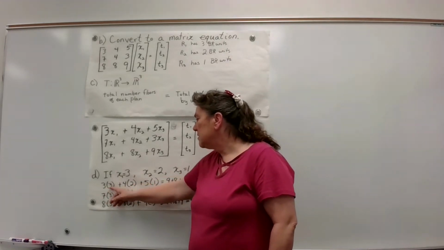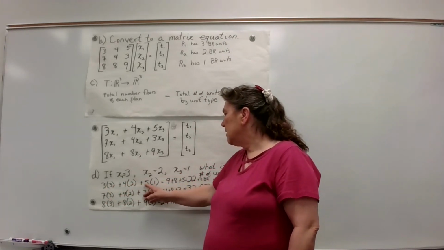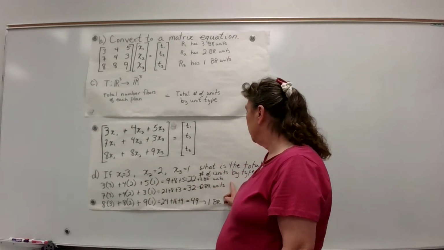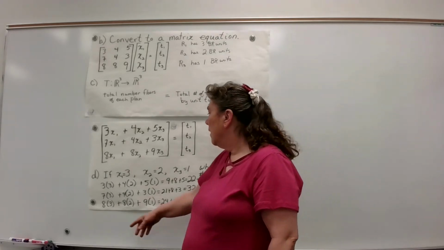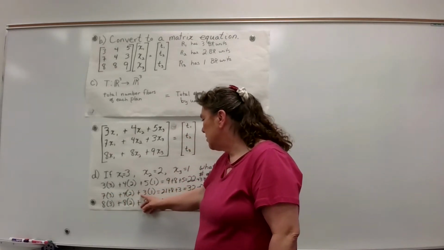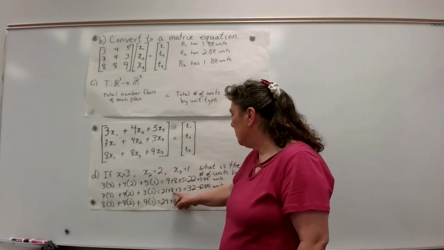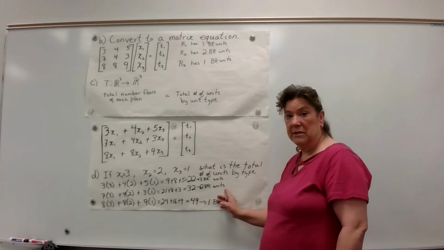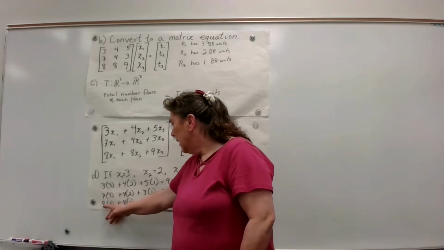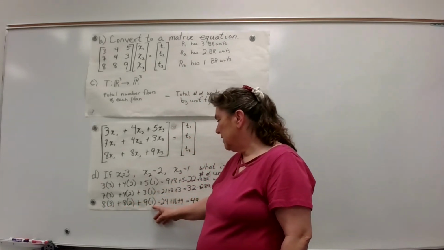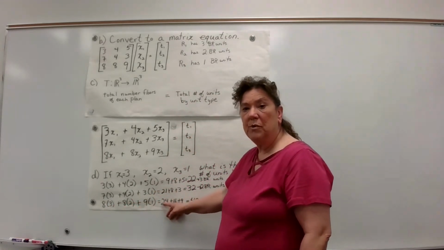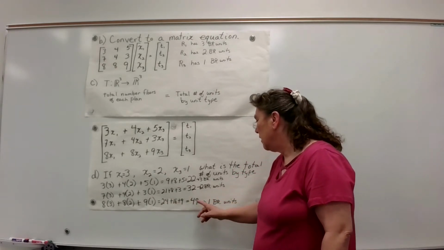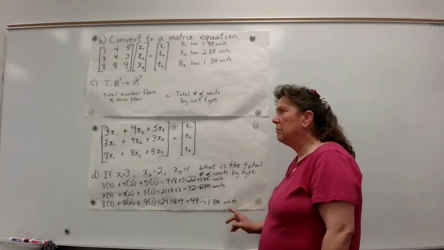So 3 times 3 plus 4 times 2 plus 5 times 1 is equal to 9 plus 8 plus 5, which is 22 3-bedroom units. 7 times 3 plus 4 times 2 plus 3 times 1 is equal to 21 plus 8 plus 3, which is 32 2-bedroom units. 8 times 3 plus 8 times 2 plus 9 times 1 is equal to 24 plus 16 plus 9, 49 1-bedroom units.